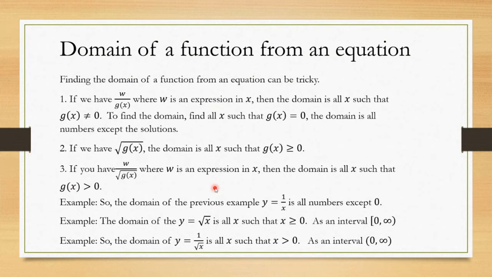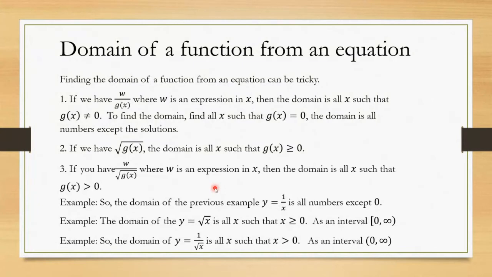Now the domain, remember, by definition, that's where all the inputs come from. In other words, it's all the numbers you could put into the function that give you a reasonable output. And when you're finding the domain from an equation, that can be a little tricky.